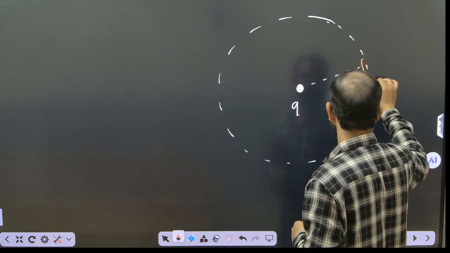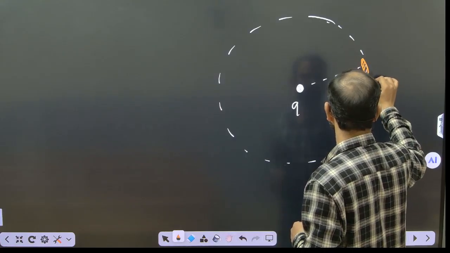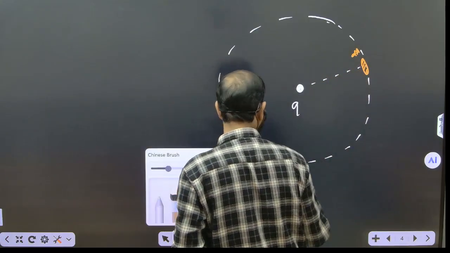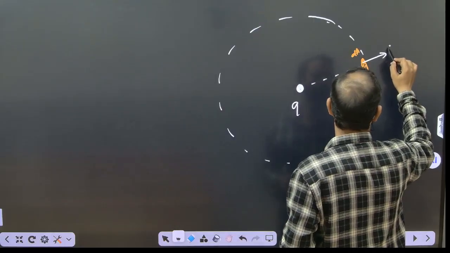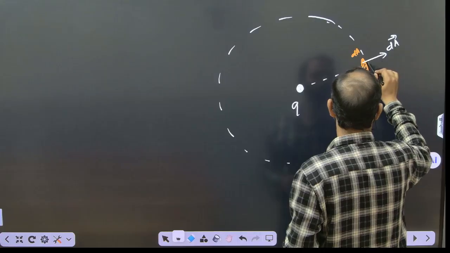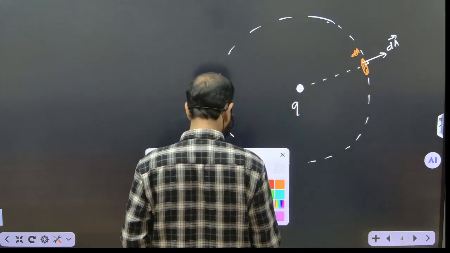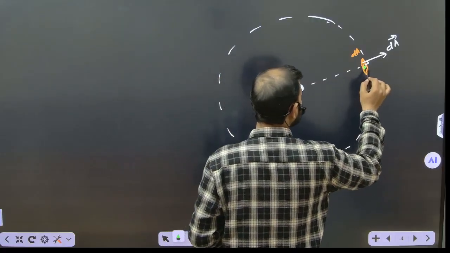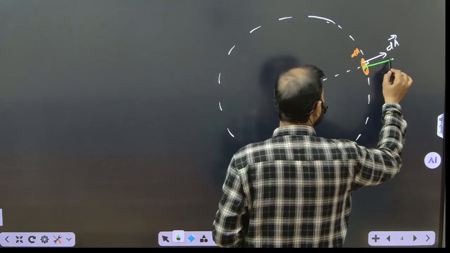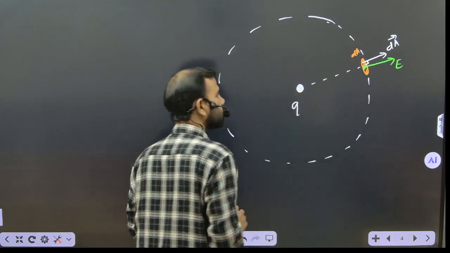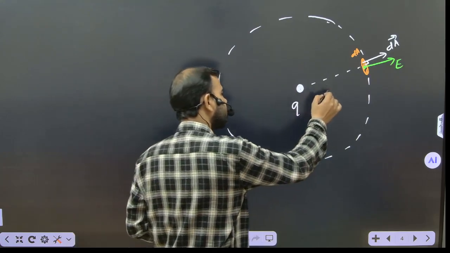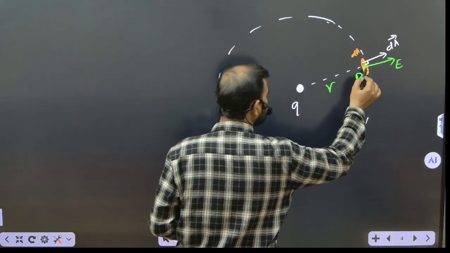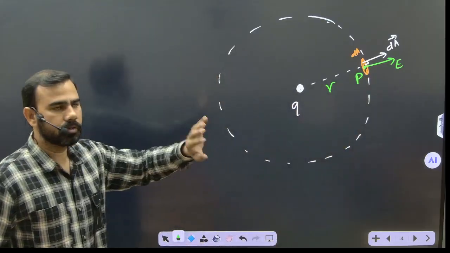And here is a very small area dA, and its vector dA, which is perpendicular to the surface, as already discussed. Due to this charge, at this area, the electric field is like that. And here is the radius of this Gaussian surface, the point, let's say point P, which is at distance r from the charge.